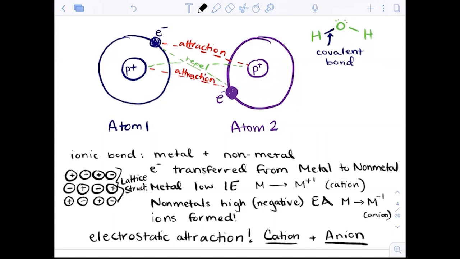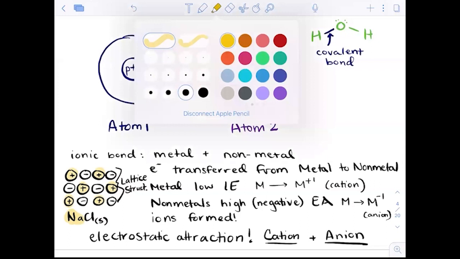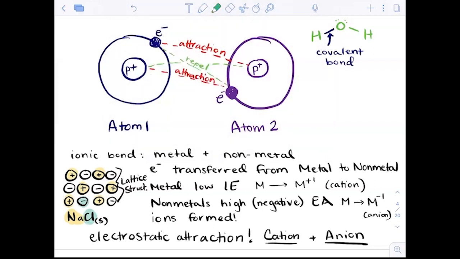So in a solid state, when we have something like sodium and chlorine coming together to be sodium chloride solid, we have some sodiums. Sodium is the metal, so we know it's going to be the cation. We have some chlorines. He's the nonmetal, so he's going to be the anion.